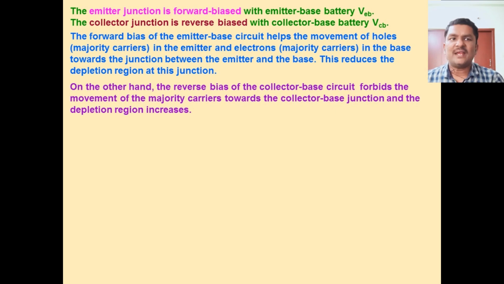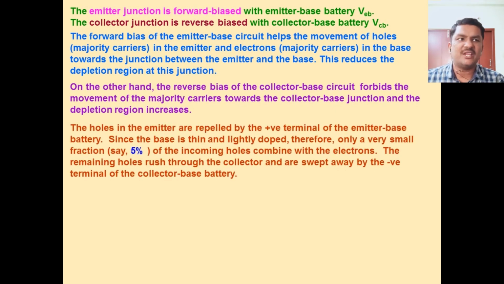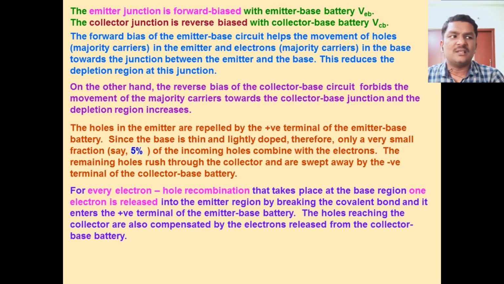For every electron hole recombination that takes place in the base region, one electron is released into the emitter region by breaking a covalent bond, and it enters the positive terminal of the emitter base battery. The holes reaching the collector are compensated by the electrons released from the collector base battery. Already we discussed that.